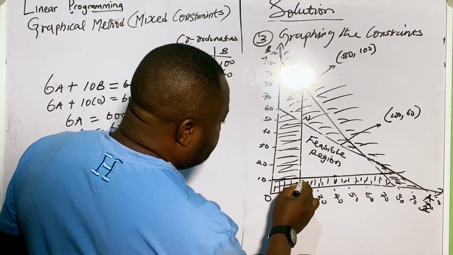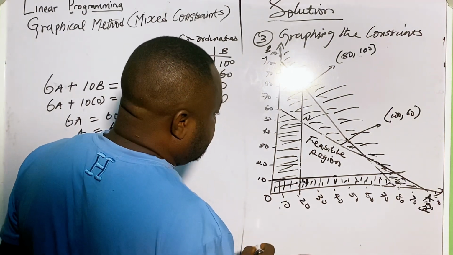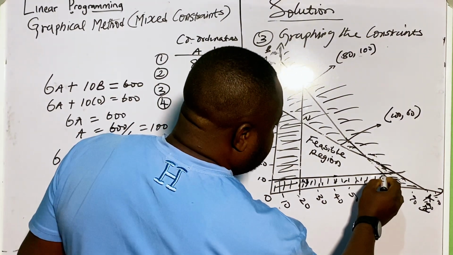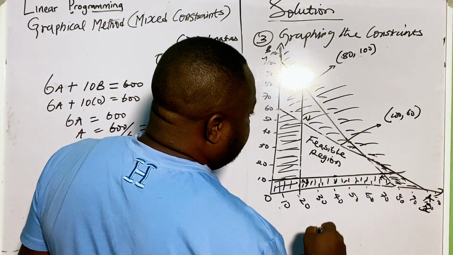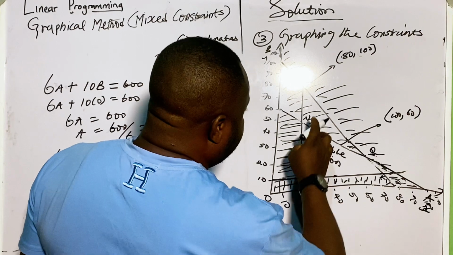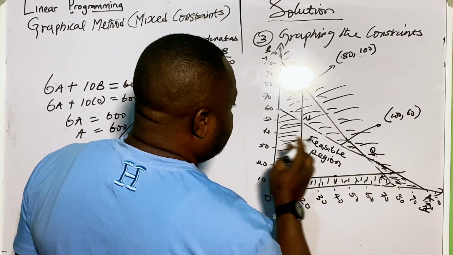I have another one W, here. Then I have K, and another one here, let me label this one Q. So I have N, W, K, and Q.